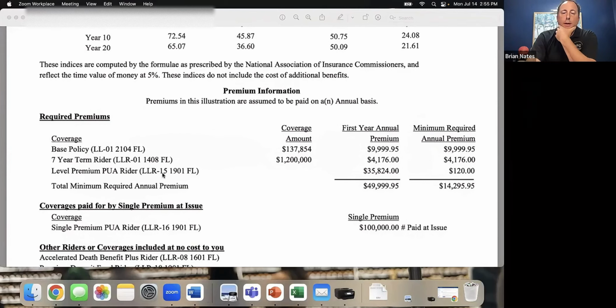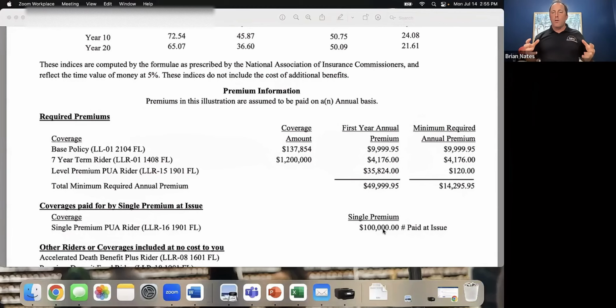So if you look at this, where it says total minimum right here is 14,295 per year. But I designed it to show 50 grand a year going into the policy, and $100,000 as a lump sum, which is known as the single premium paid up additions rider.